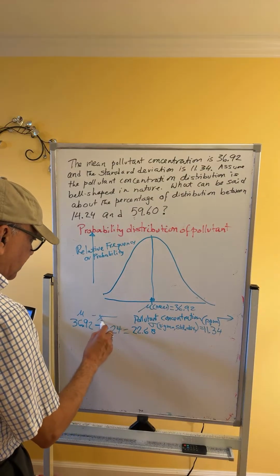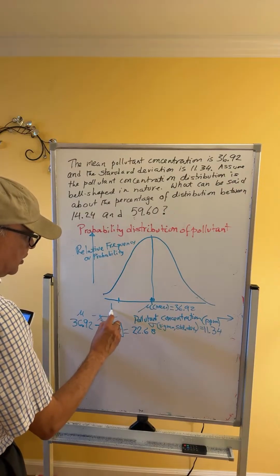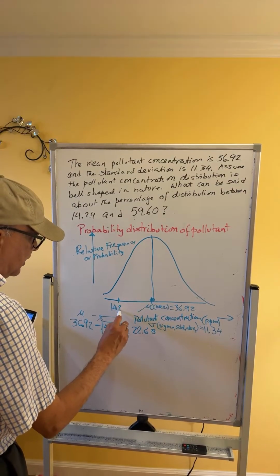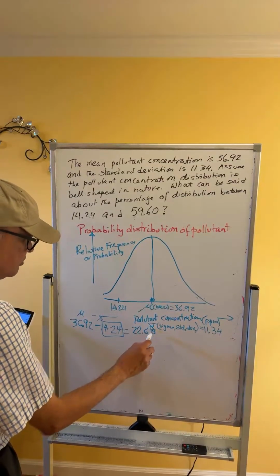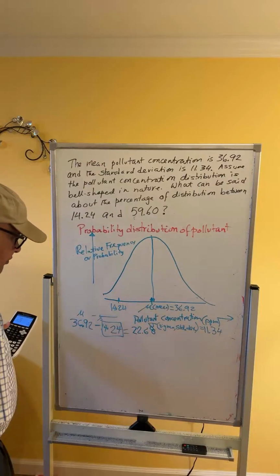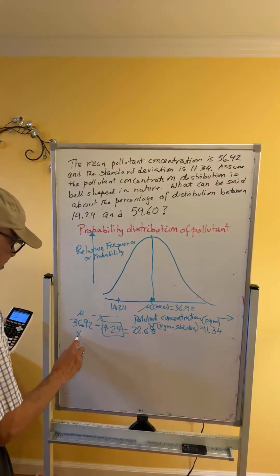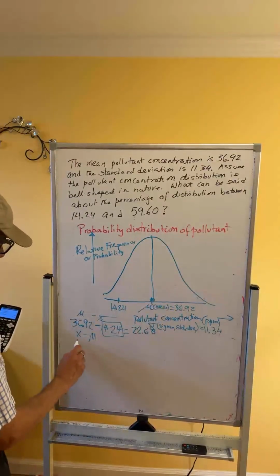So this 14.24, which is on the left of the mean, is maybe somewhere over here, and as you can see, the difference between the mean and this number is 22.68. The other number is x minus mu that is given to us, the number on the right-hand side.